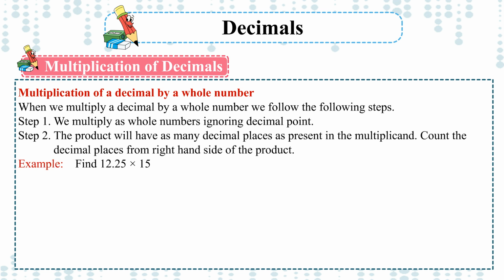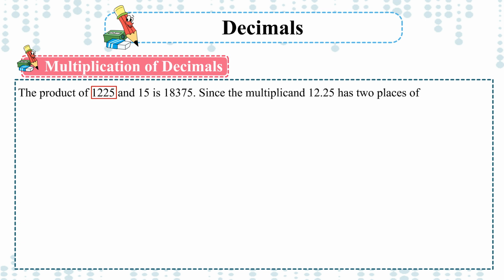Example, find 12.25 multiply 15. Solution, 1225 multiply 15, 6125 plus 1225, 18,375. The product of 1225 and 15 is 18375.